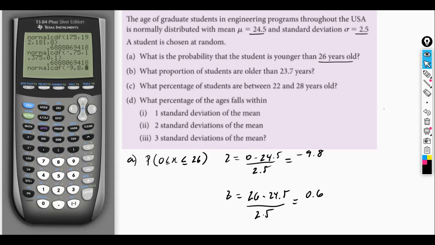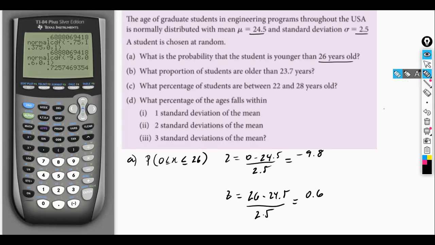Separated by a comma, we write the upper bound, which is going to be 0.6. The mean, when it's standardized, is 0, and then the standard deviation is 1. And we click on enter, and there we go, 72.57%.